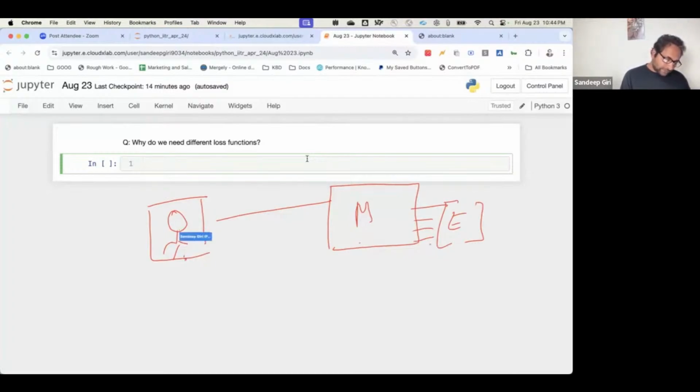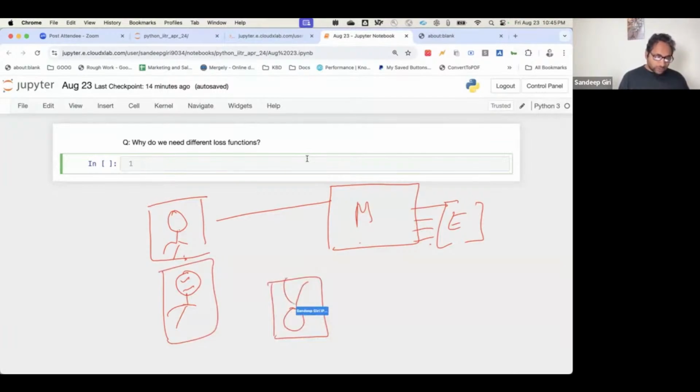So let's say this is my photo and this is another of my photo. Okay. And there is, let's say, somebody else's photo. Okay. So this is Sandeep's photo one, Sandeep's photo two, and this is Deepak's photo.